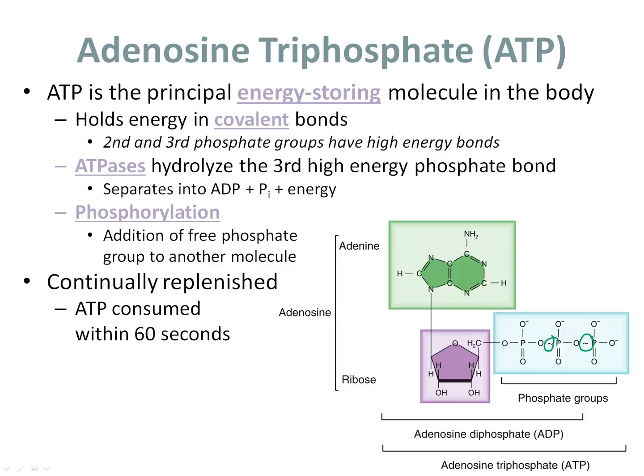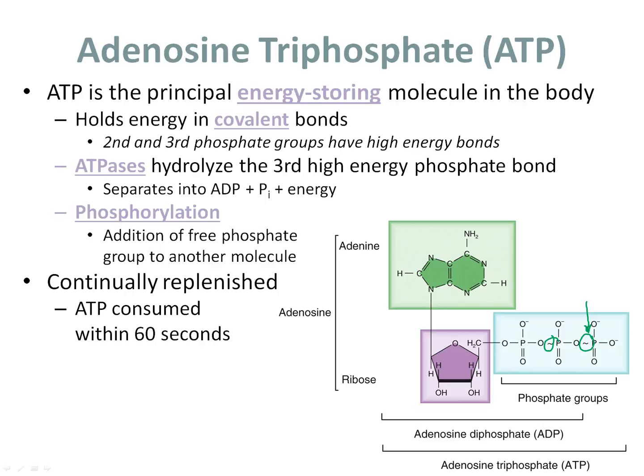The enzyme called an ATPase is going to hydrolyze this bond right here and release the energy from that bond. So it separates the molecule into an ADP, adenosine diphosphate, an inorganic phosphate, and lots of energy.